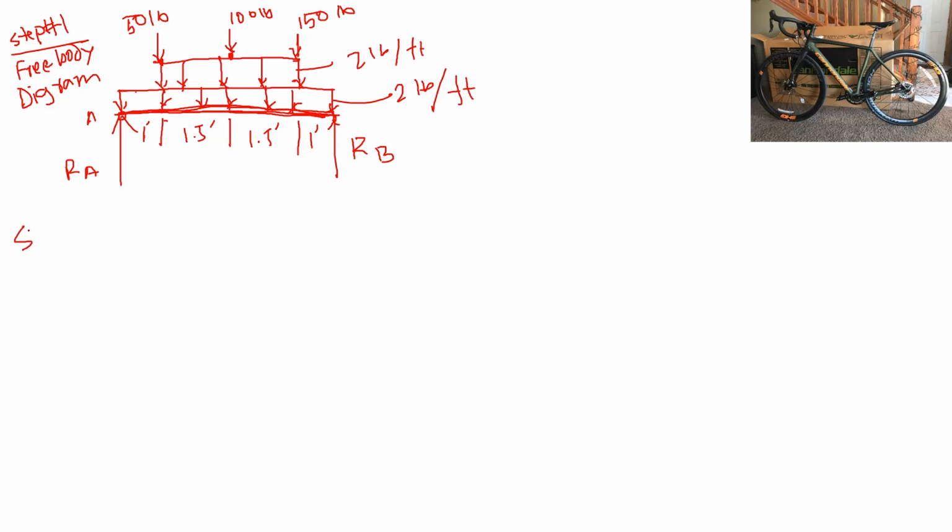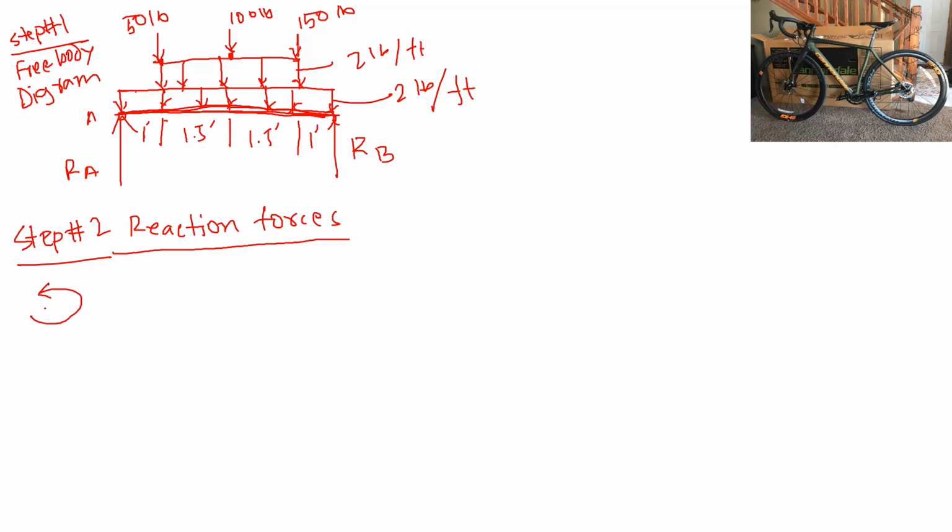Now step number 2 is to find the reaction forces at each of these reaction points. The only way to calculate the reaction forces is to take moment with respect to A, and everything is static here, nothing moving.